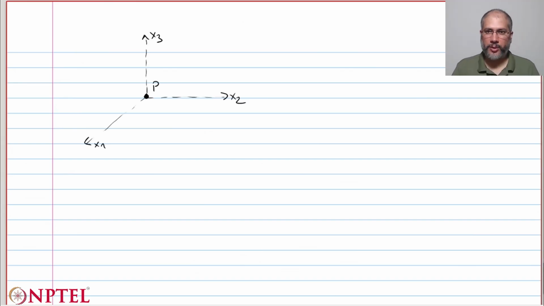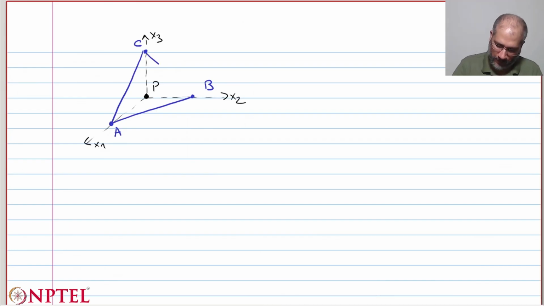So this is our coordinate axis centered around the point P. And then what we do is, we form a tetrahedron using points A, B and C. So we'll join A, B and C. And the tetrahedron basically has four faces.